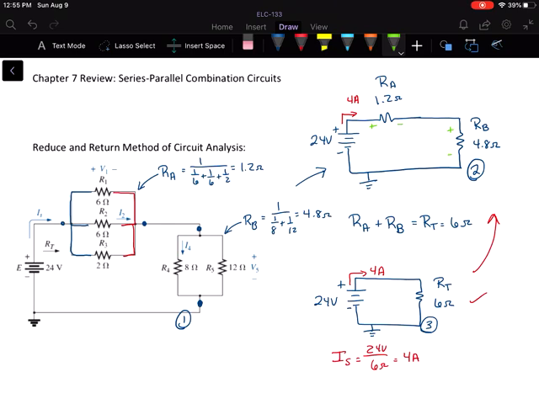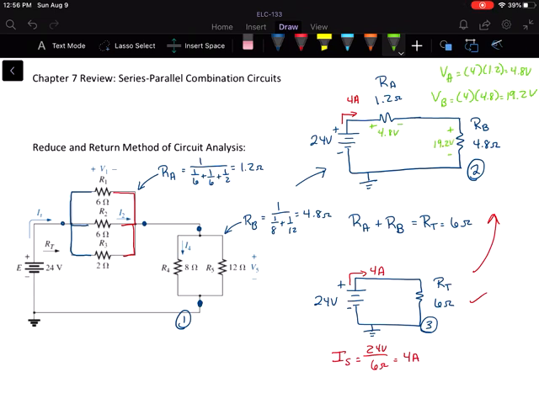So VA is going to be 4 amps times 1.2 ohms, or 4.8 volts. And VB will be that same 4 amps times 4.8 ohms, which should be about 19.2 volts.